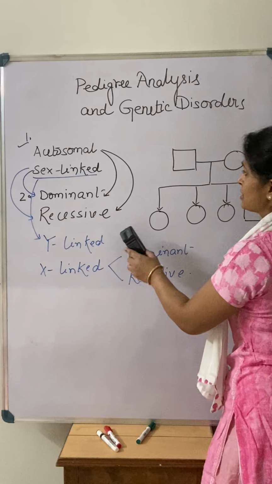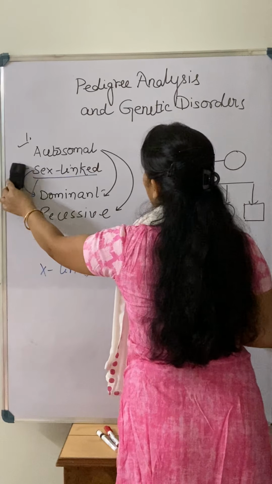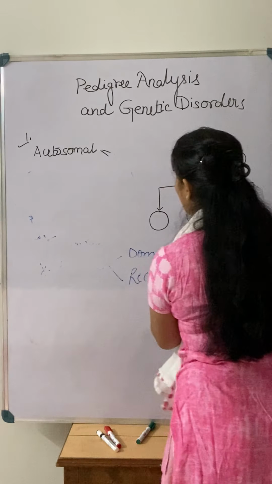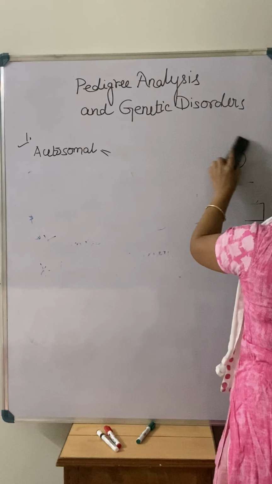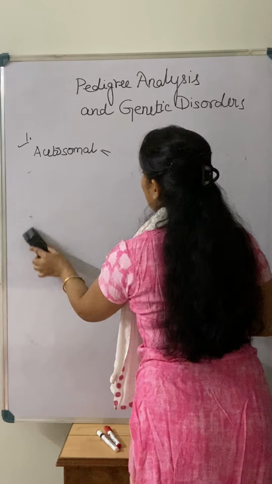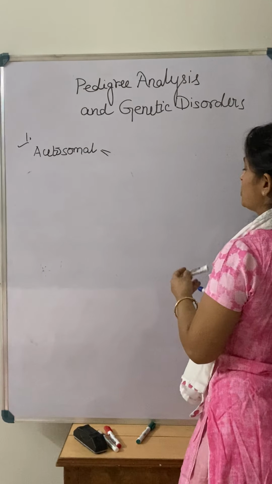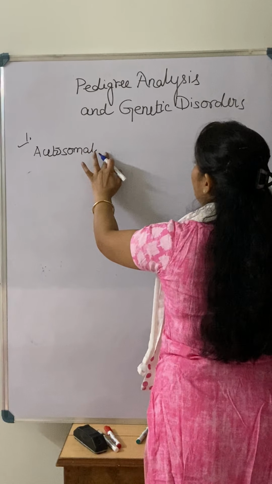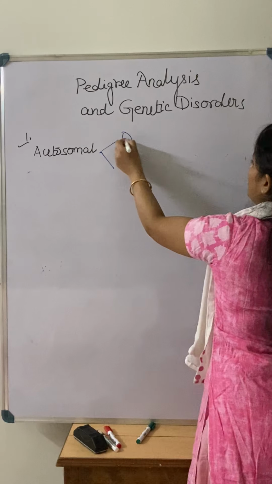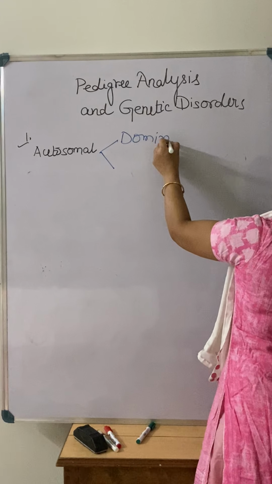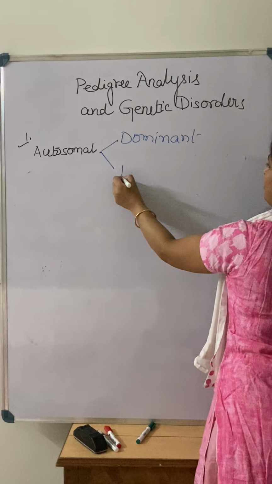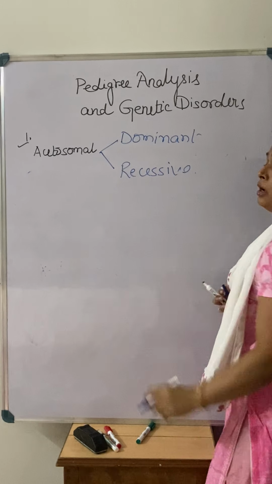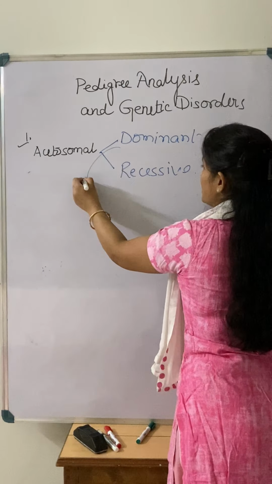Now come to the first category, that is autosomal dominant and autosomal recessive. For dominant there is one rule.